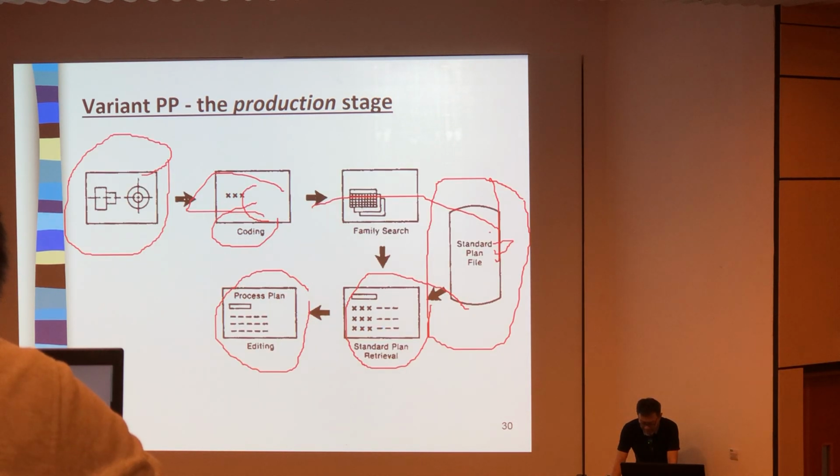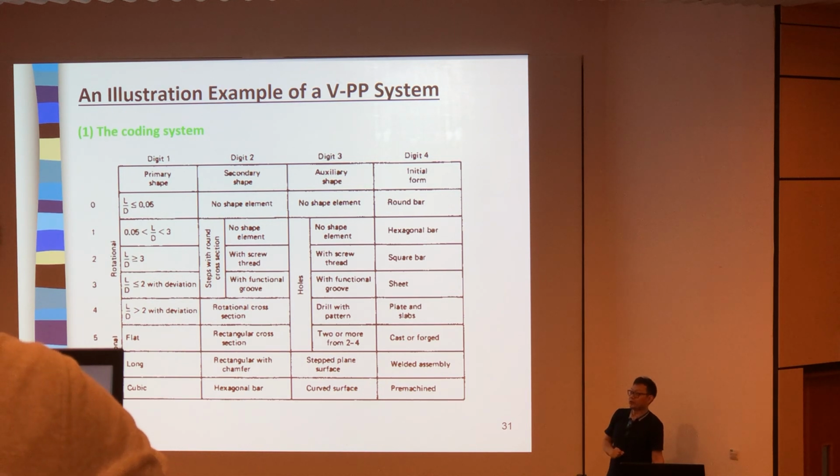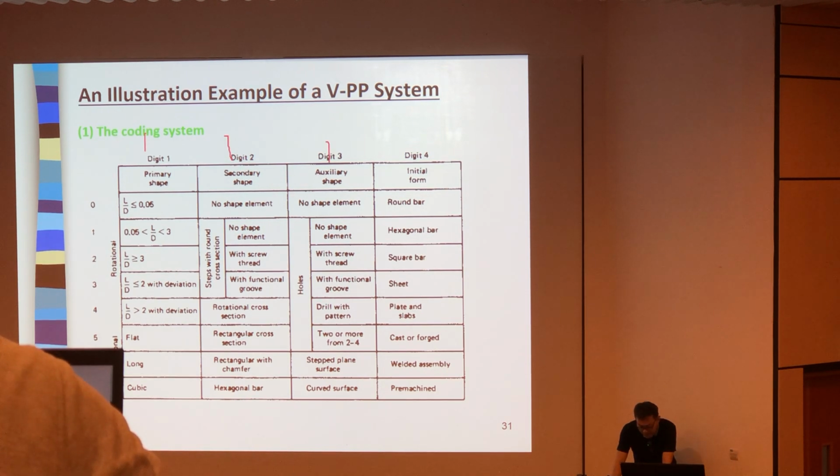So in this example, the first part is the coding system selected in the preparatory stage, right? You need to use a coding system to code all the existing parts, those parts produced already. This coding system has 4 digits, and the value is octal, from 0 to 7.